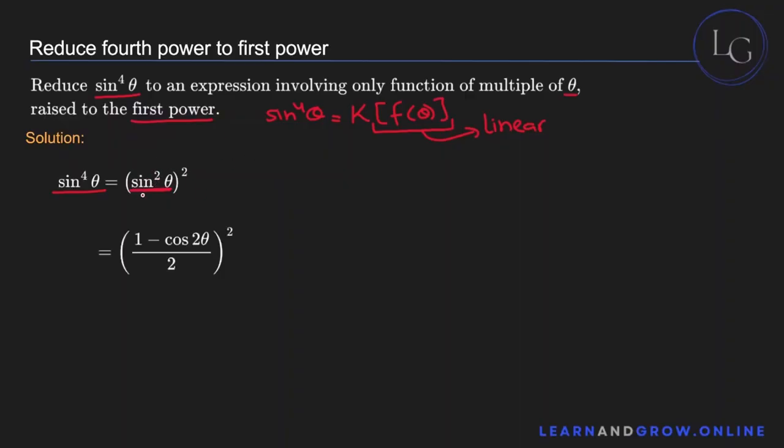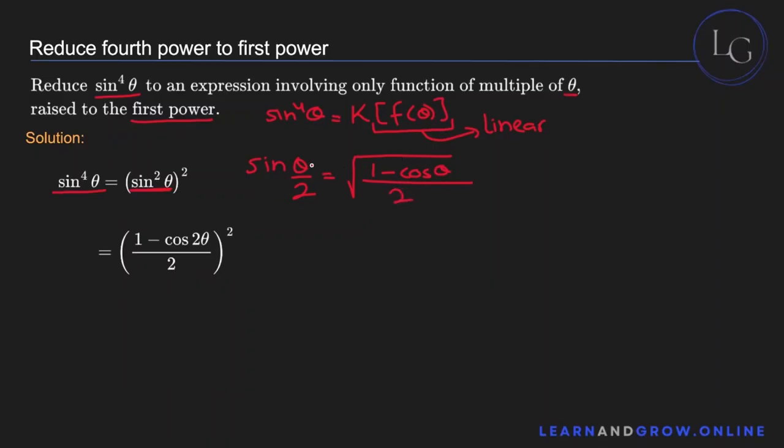So once you apply the half angle identity on sine square theta, you get 1 minus cos 2 theta over 2. And I've told you how to do these half angle identities before, but again, let me just show you a simple way of how we got here. It's because sine theta by 2 is equal to under root of 1 minus cos theta over 2.